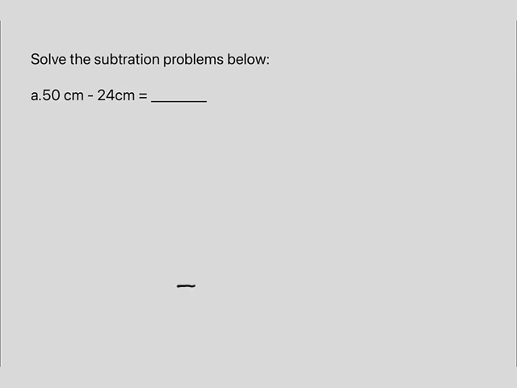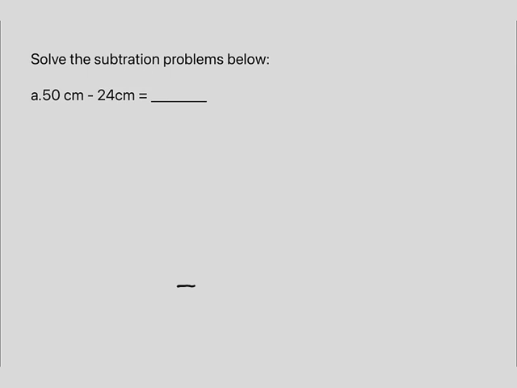So in this question, we have to subtract 24 centimeters from this 50 centimeters. There are two ways to do it. One is by mental math, or you can do the standard algorithm.